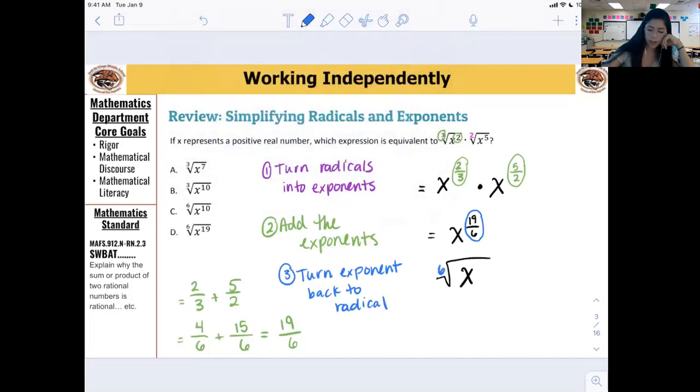The 6 goes out here, and the 19 belongs inside. So we end up with answer choice D. Questions on this one? Any questions on how I got those answers, where those numbers came from, how to add the fractions, any part of it?